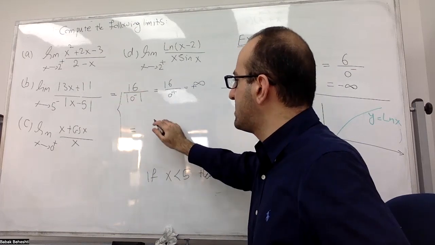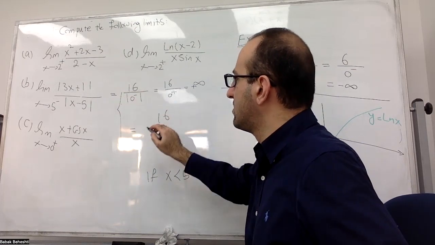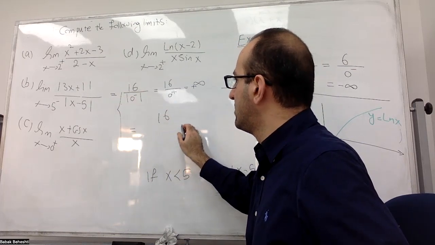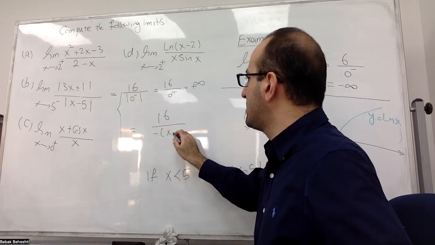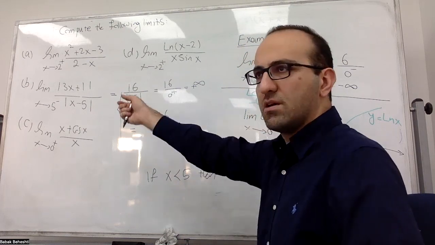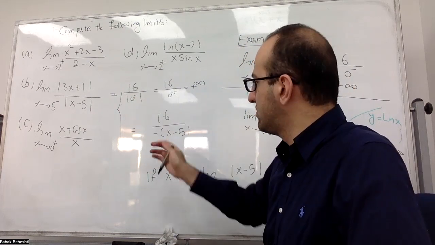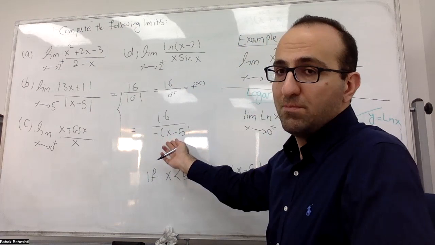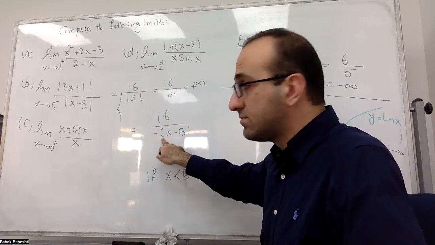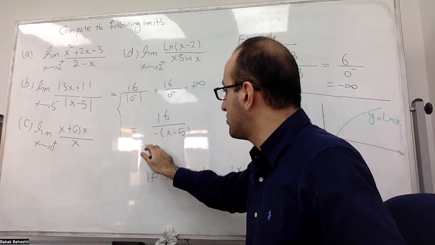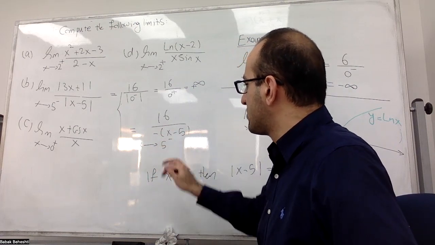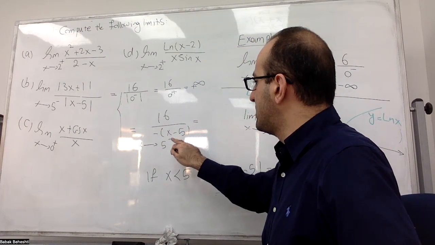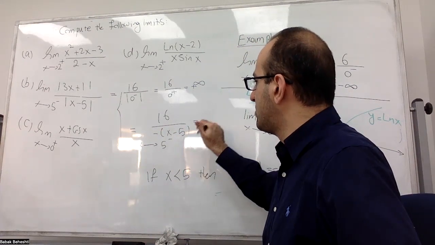So this would be equal to 16 over minus (x minus 5). I remove the absolute value and replace it by minus (x minus 5). But here x goes to 5 minus, right? So x goes to 5 minus means x minus 5 is 0 minus.